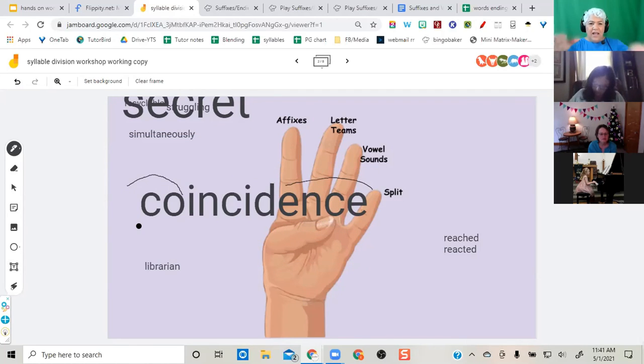Oh, and if I just cover those up, that's starting to look like a word I know. But let's look at it. Is this a letter team? Is that a sh? That CI? No, it's not a sh, because I can't have a sh in front of a d. So that's not a letter team. So now I can look at separate vowels here. The E at the end is separate. So separating it out.